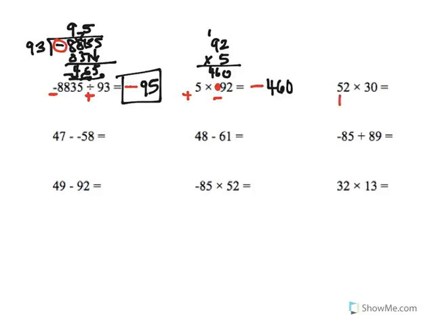This one here, I have a positive times a positive. My answer will be positive. I multiply. And I get positive 1,560.